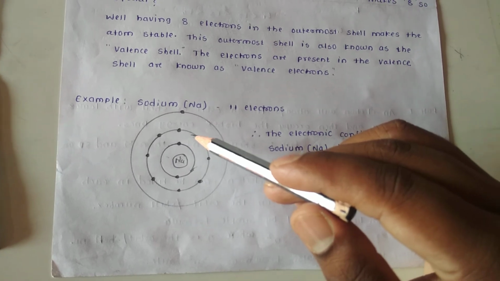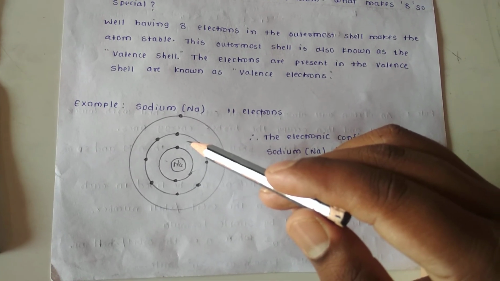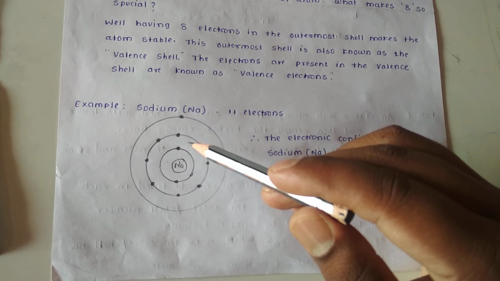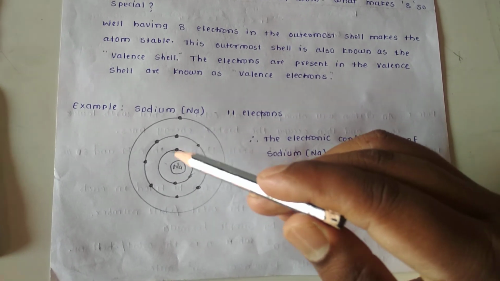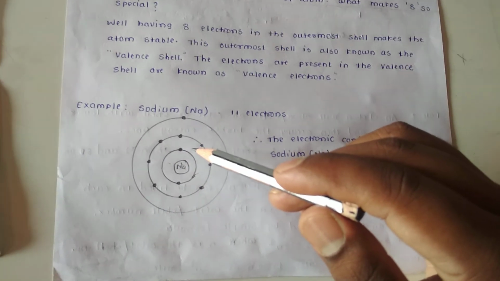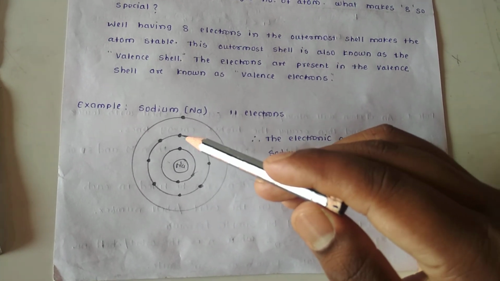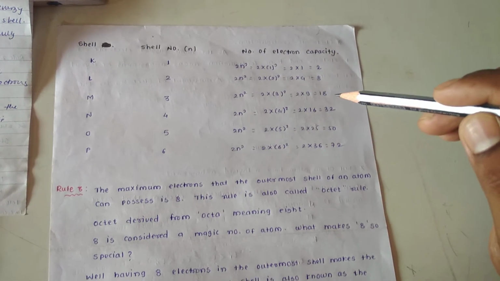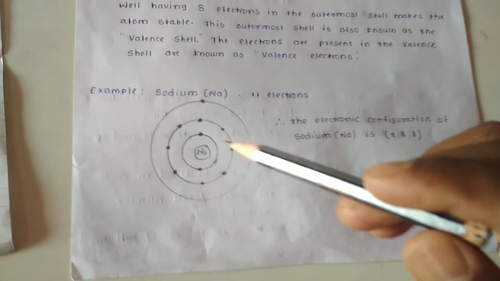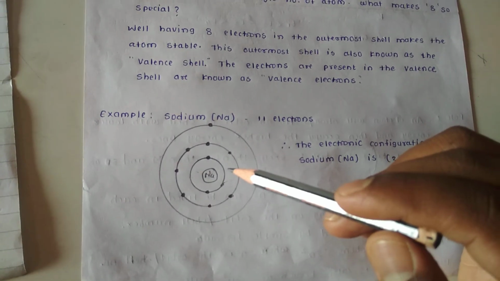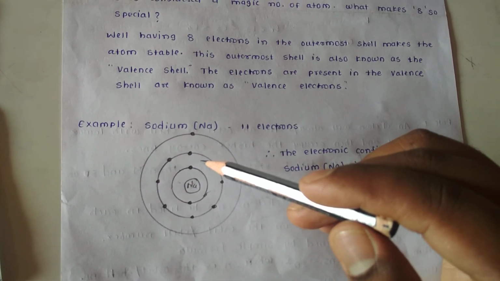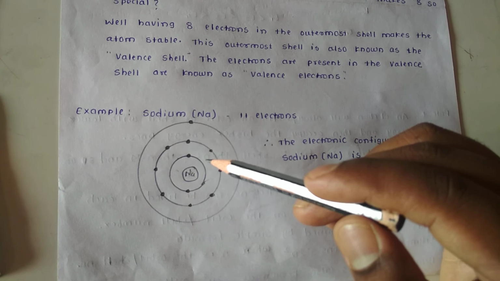As per the third rule, the valence shell, which is the L shell here, cannot hold more than 8 electrons.